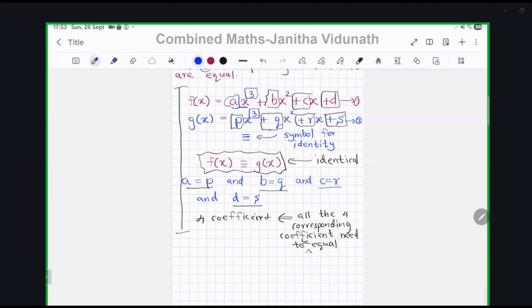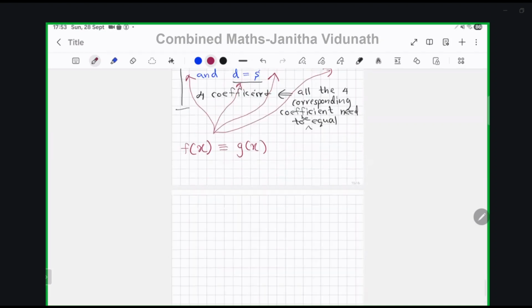Now, if two polynomials are identical, then we have already found that all the corresponding coefficients should be equal to each other.